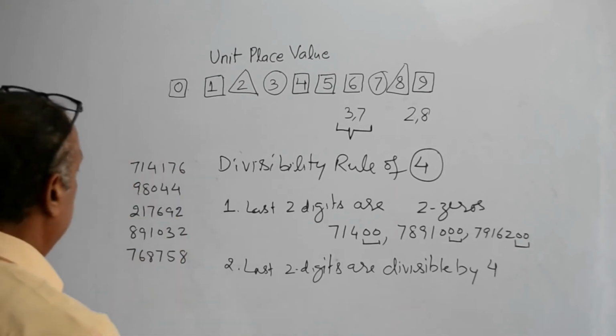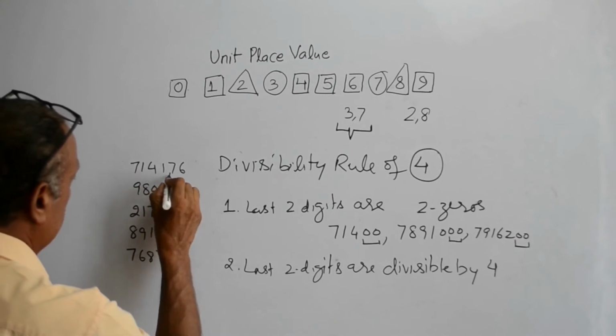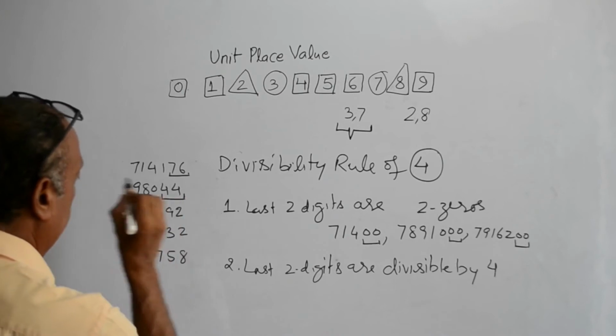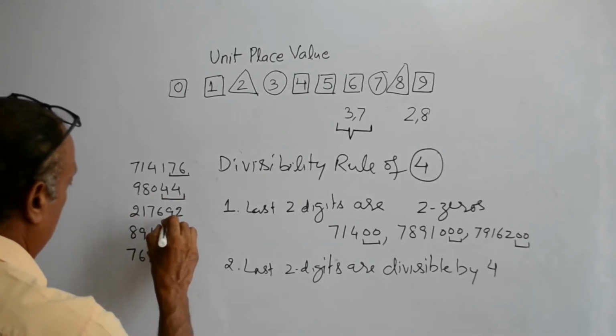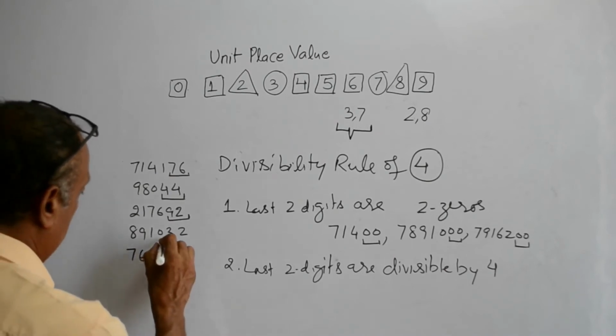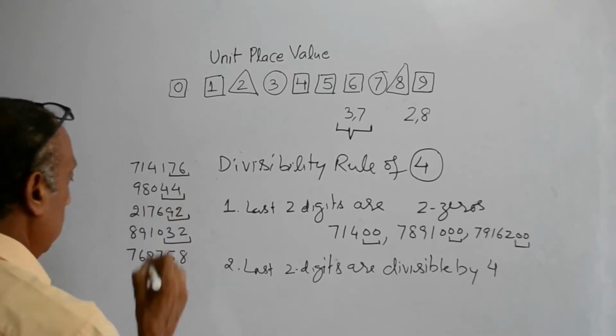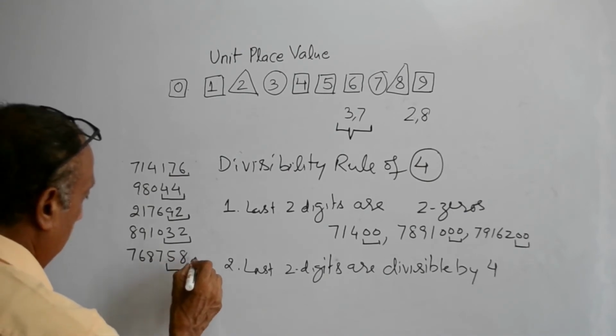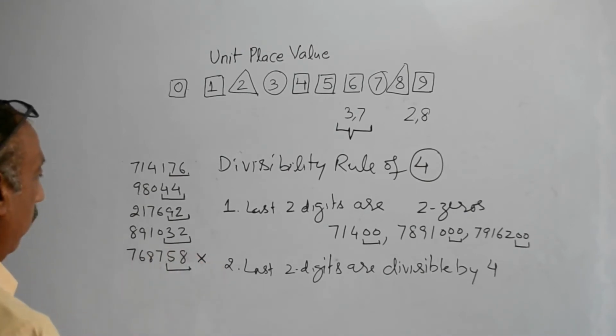Out of these numbers, 76 is divisible by 4, 44 is divisible by 4, 92 is divisible by 4, and 32 is also divisible by 4. 58 is not divisible by 4.